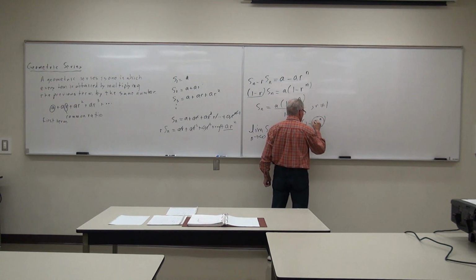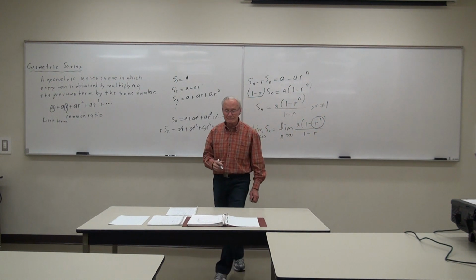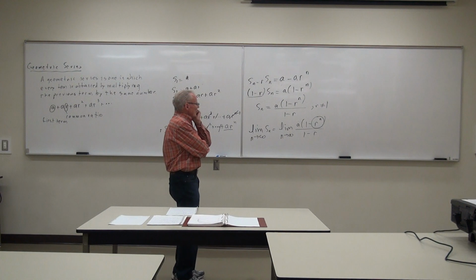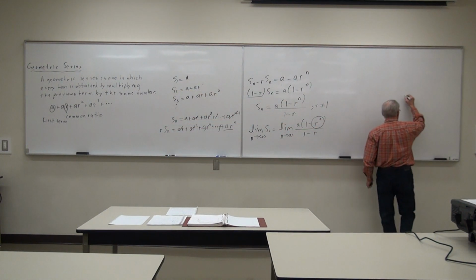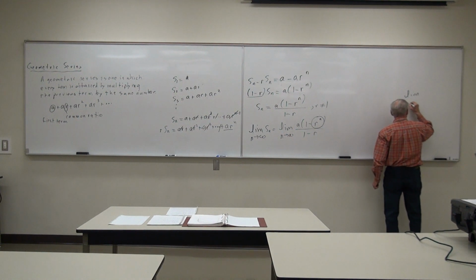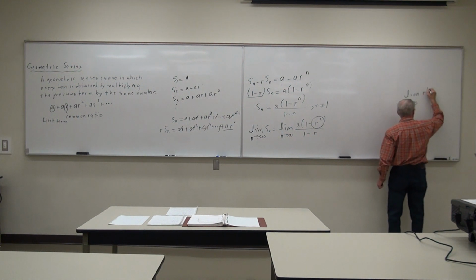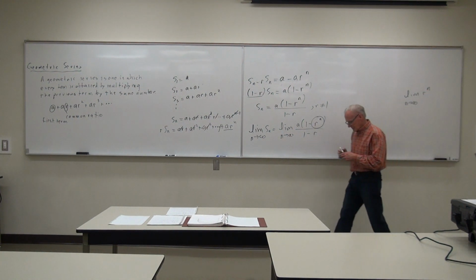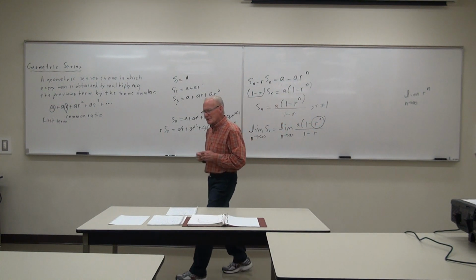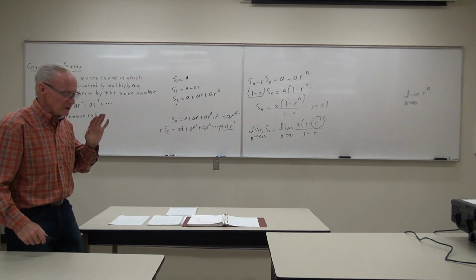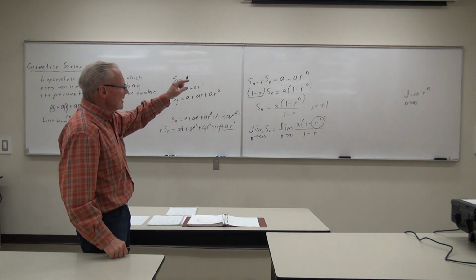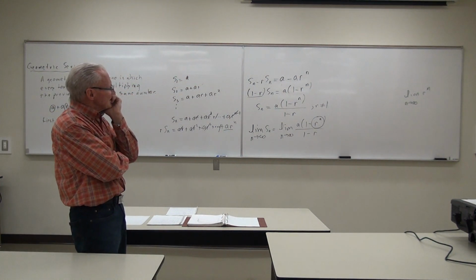There's the only thing that's not an n in it. So let's ask the question, what happens to R to the n as n gets huge? And we've had enough examples, I think, on the board already when we're talking about sequences of numbers and functions to decide what that is.